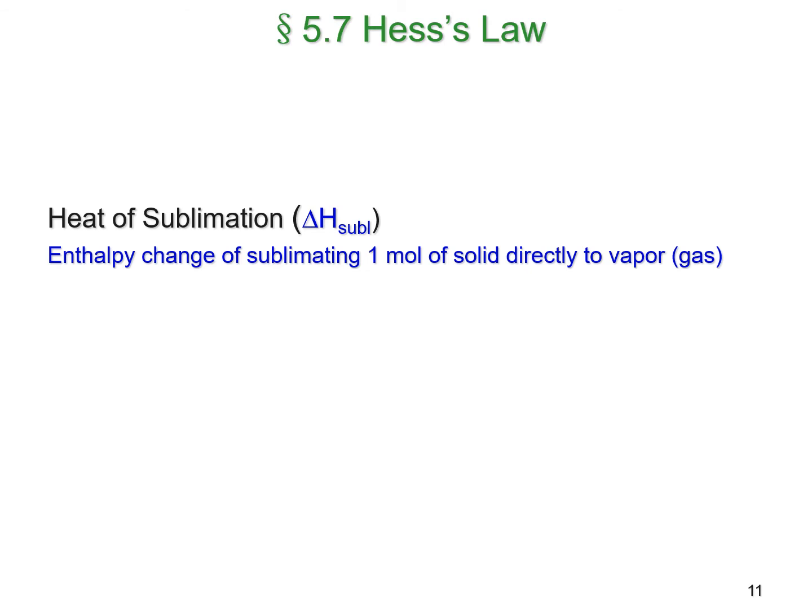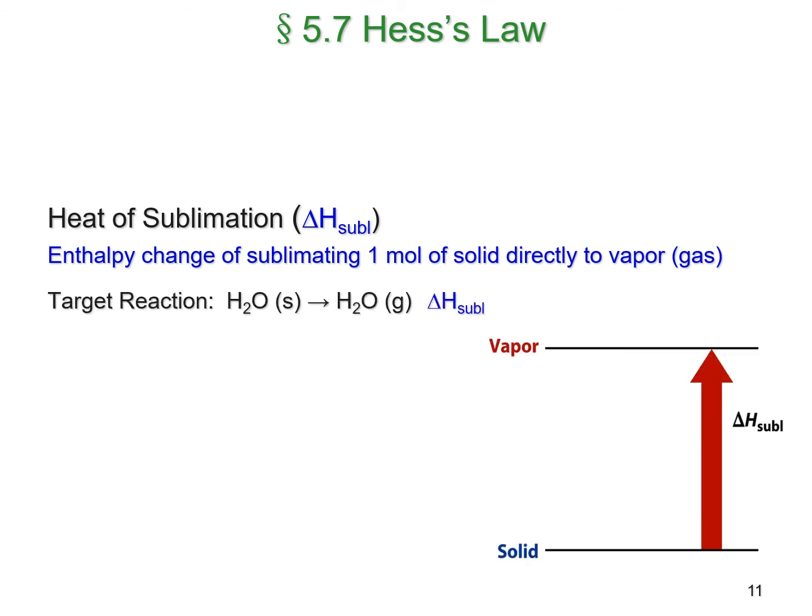And of course, we have delta H sub as the symbol to represent heat of sublimation. Here we're going to use water as an example. We are going to sublimate 1 mole of ice into 1 mole of vapor.